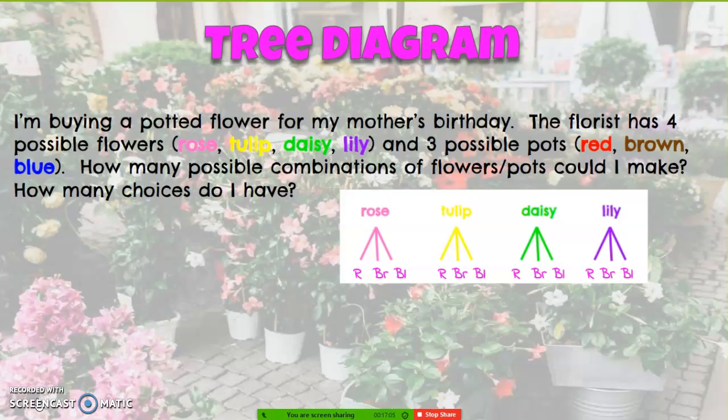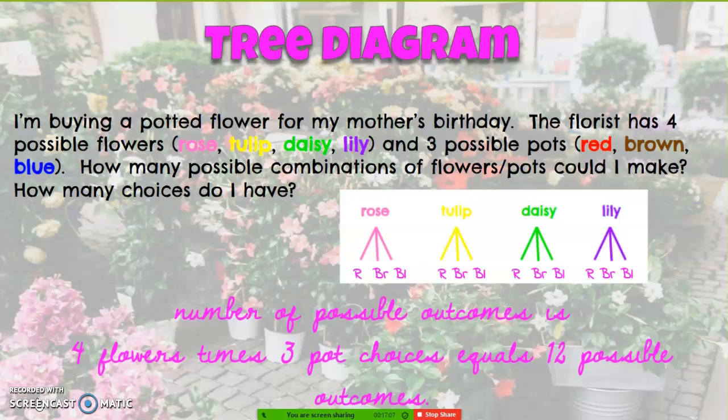Number of possible outcomes is 12. So if I said, what would be the probability of randomly selecting one and getting a tulip in a red pot? The probability would be 1 out of 12, or 1/12.